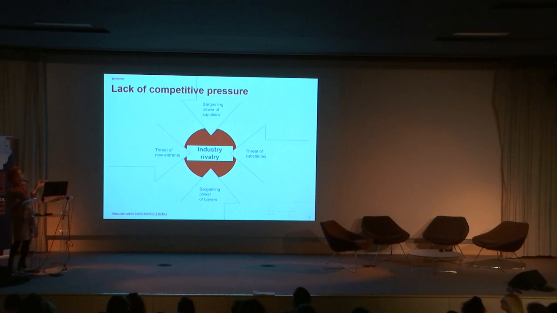So finally, we're left with the last force in the center, and that is industry rivalry. And here we think about the producers of journals, Elsevier, Wiley, Springer, but they are not competing with themselves either, because so far each has a very individual portfolio of journals, and you can't compare one to the other.